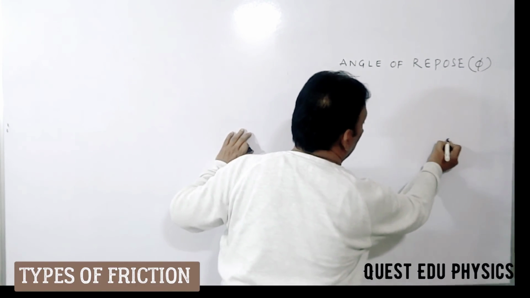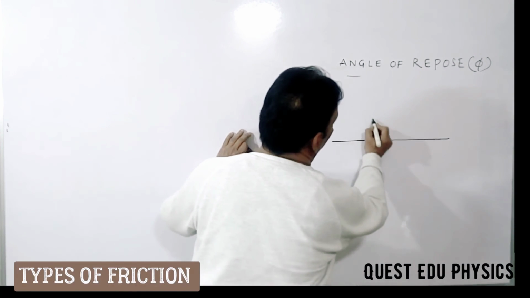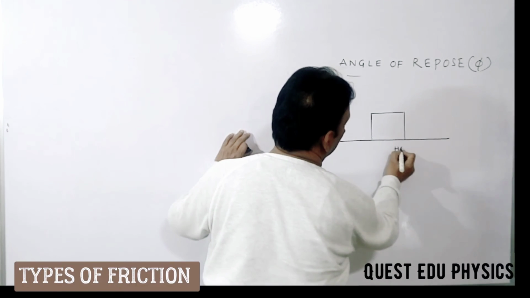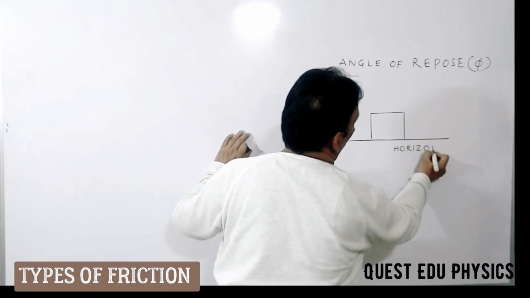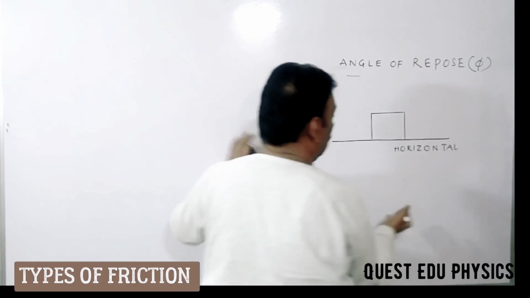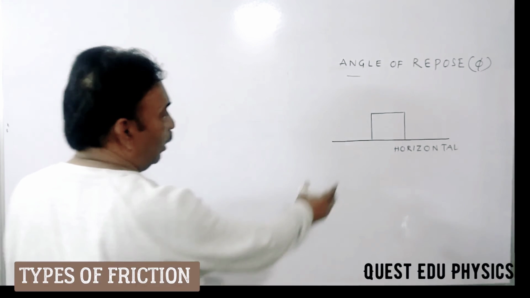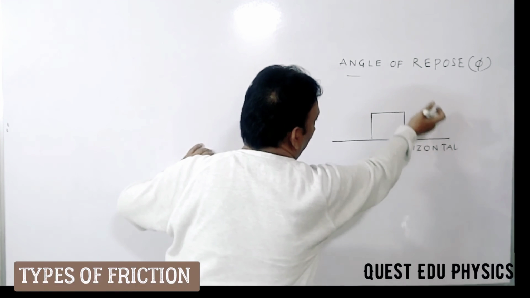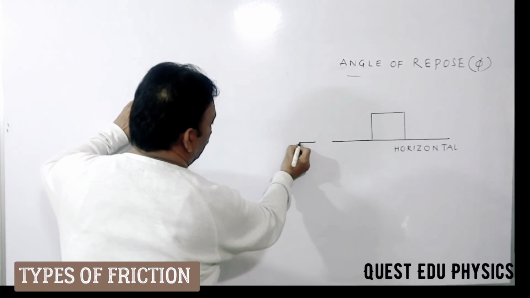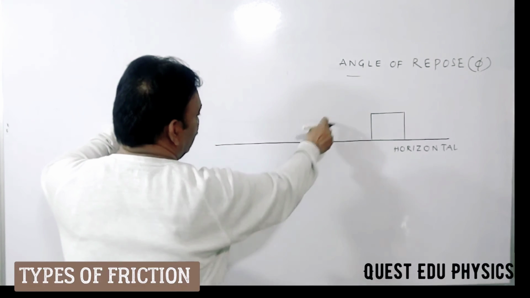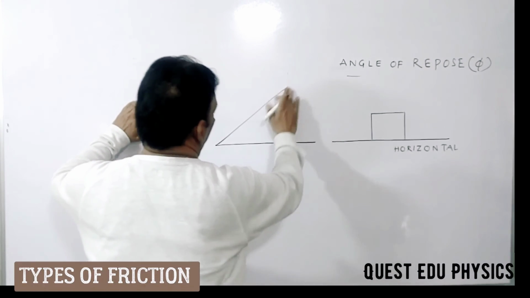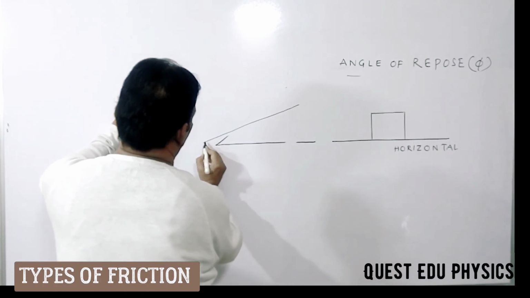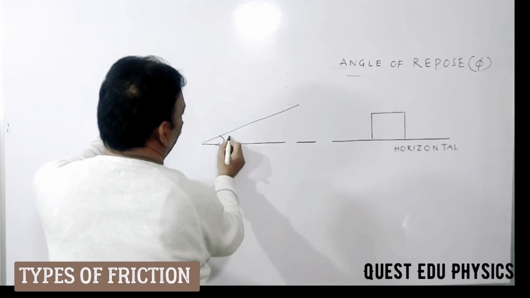Here see, the same I am drawing now. I kept the body over the horizontal surface. The motion didn't begin. Then what I am doing? Moving this surface. That means I am giving some inclination to that. It is shown in the second diagram. And it is raised through an angle theta.